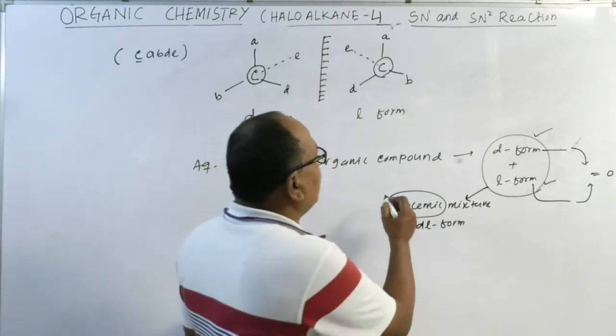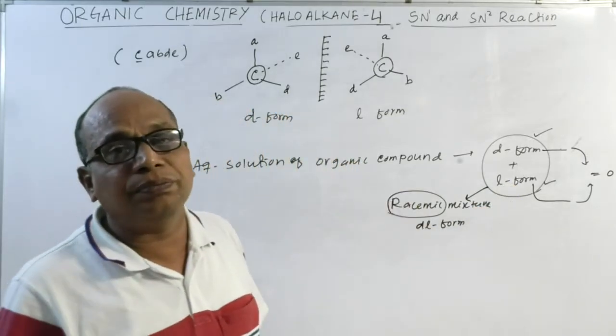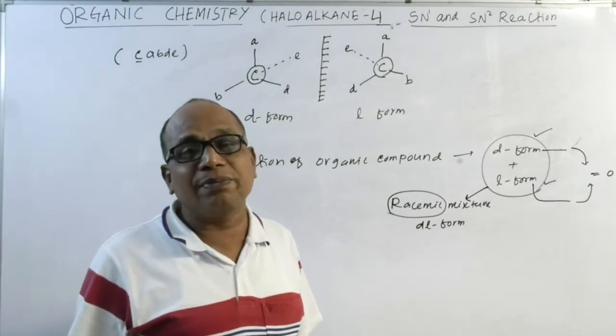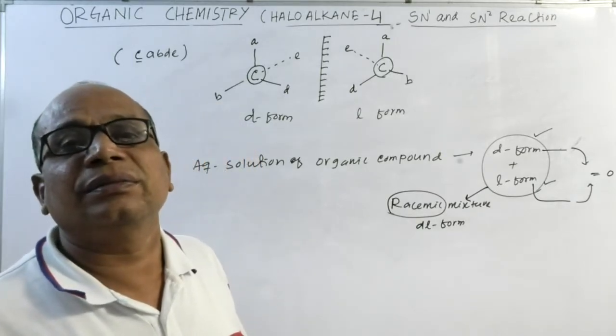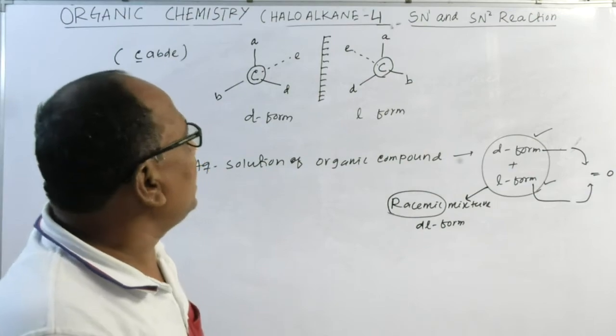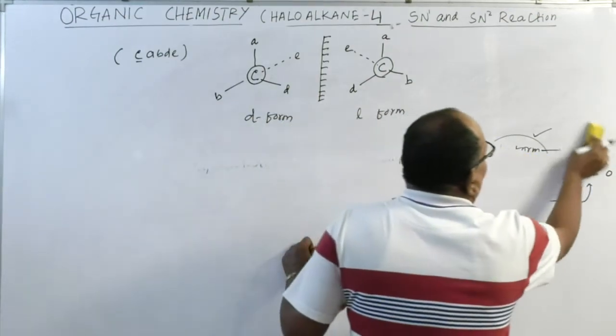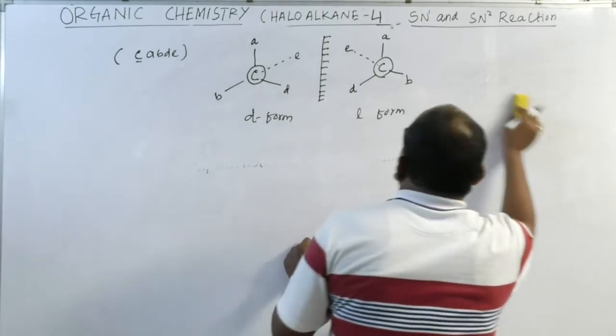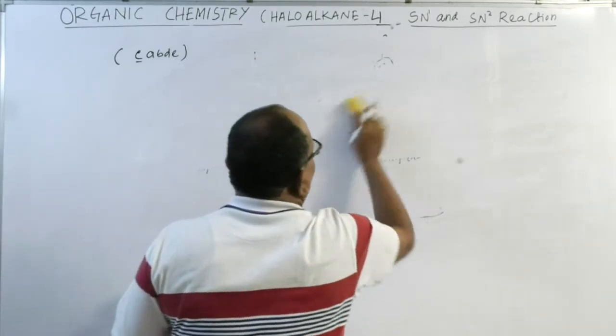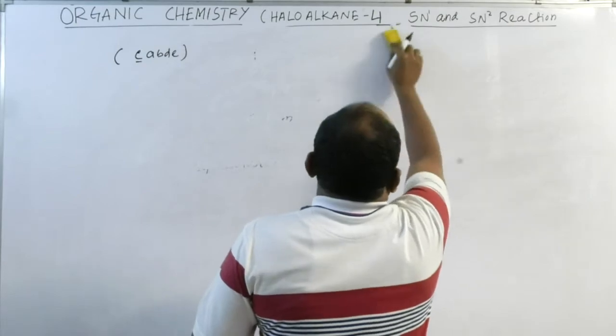Then that mixture is known as DL form or racemic mixture. Okay, students, this is all about optical isomerism. Let us come to the topic.